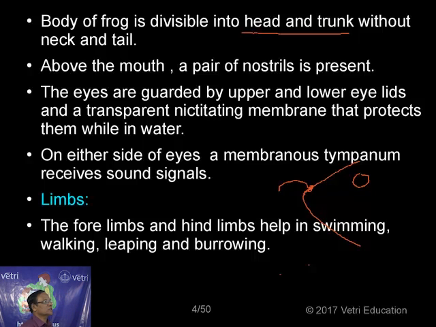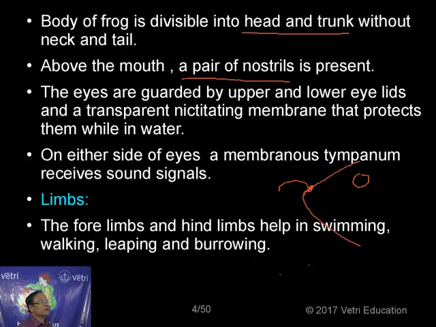On the dorsal side of the snout, above the mouth, we have a pair of external nostrils, used for respiration. The animal takes air through these respiratory openings into the buccal cavity and then to the lungs, assisting the process of respiration.